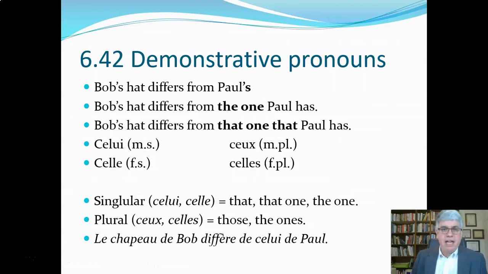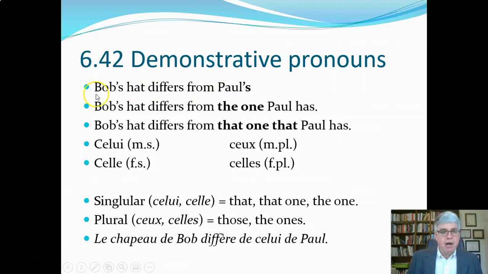Now let's look at demonstrative pronouns. Previously we were looking at adjectives, but now we're going to be looking at pronouns because they can stand alone representing a noun. So let's look at English first, because the English does some really tricky things, and if we can understand different phrases that are equivalent in English, we can see how the French gets translated better.